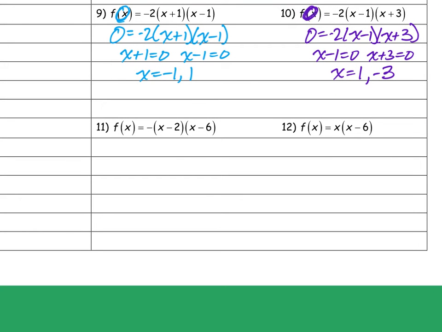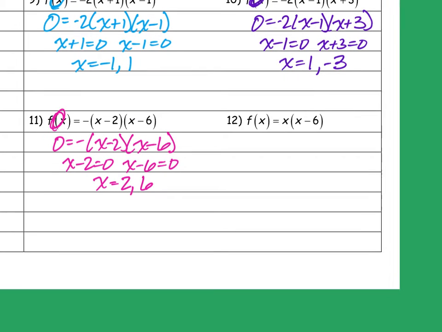Number 11. 0 is going to equal negative x minus 2 times x minus 6. So either x minus 2 has to equal 0 or x minus 6 has to equal 0. So x is going to equal 2 or 6.